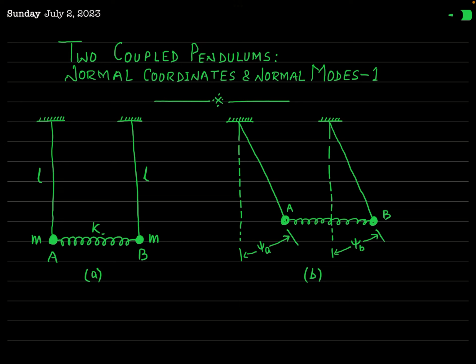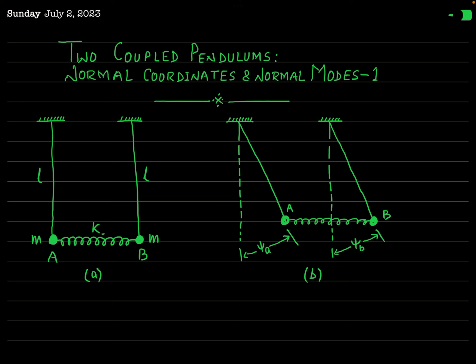In the first figure A, I have shown that the 2 pendulums are in equilibrium, and in this condition the coupling spring by which the 2 bobs are connected is neither extended nor compressed.